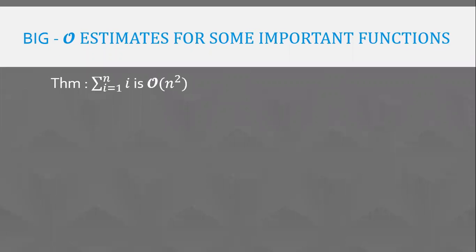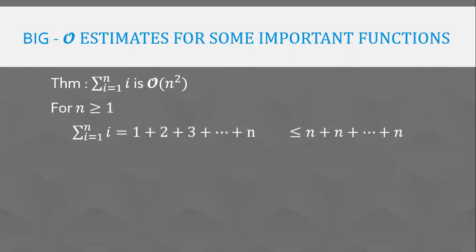What about the sum from 1 to n? I'm claiming that the sum from 1 to n is big O n squared. The sum from 1 to n looks like 1 plus 2 plus 3 all the way through n. And I'm claiming that's less than or equal to n plus n plus n, n times.